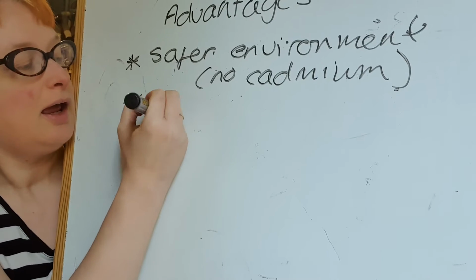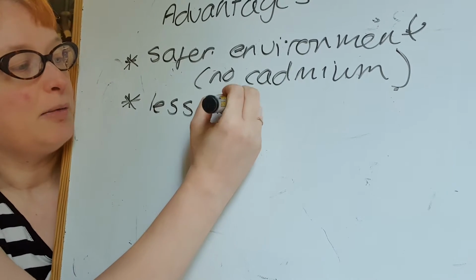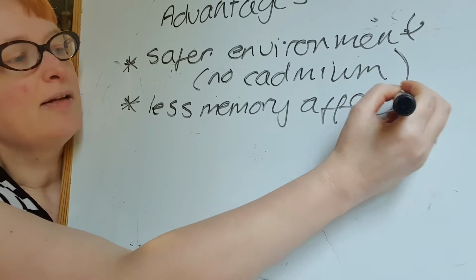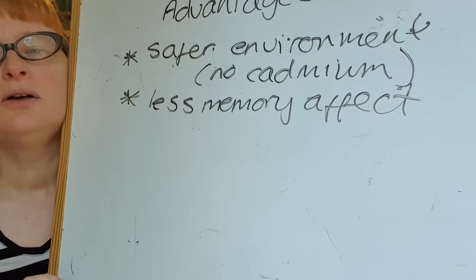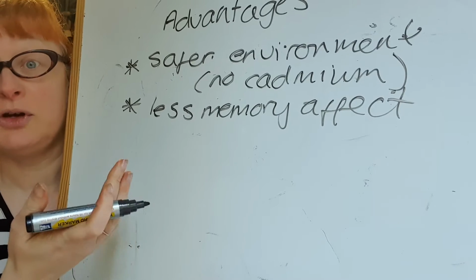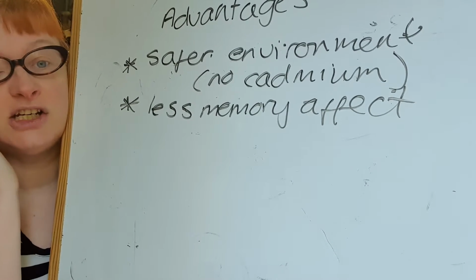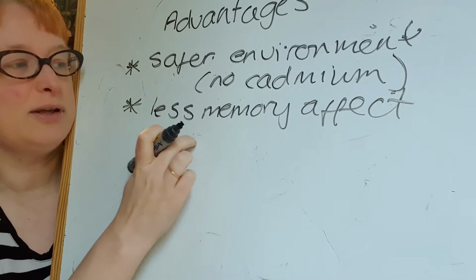Alright, so there is less memory effect. So this might be before your time. Remember, maybe it's before your time. You have to discharge your phone before you can charge it. You can't charge it because you'll kind of fix it. There was this memory effect.